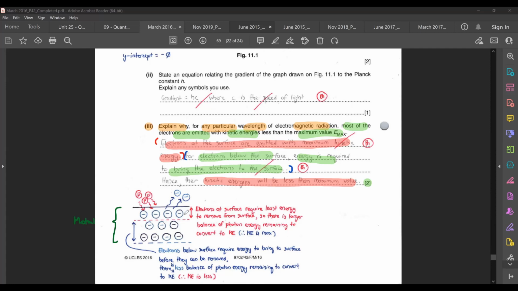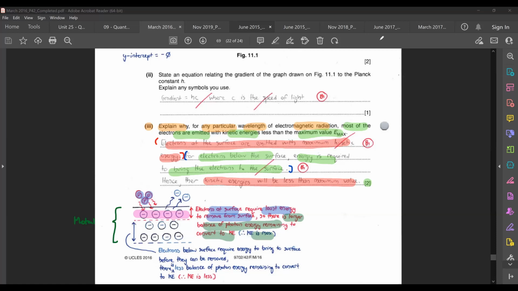Your electrons at the surface, which is this region here, if they receive your photons, will require the least energy to escape. It will require the least energy to remove from the surface. So whatever photon energy you receive, you have a larger balance of photon energy remaining that can be converted to KE. Therefore, your KE is maximum at the surface.